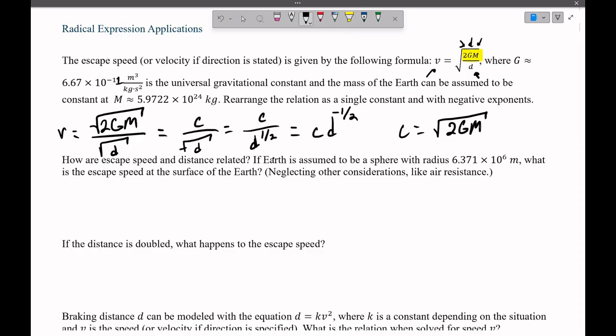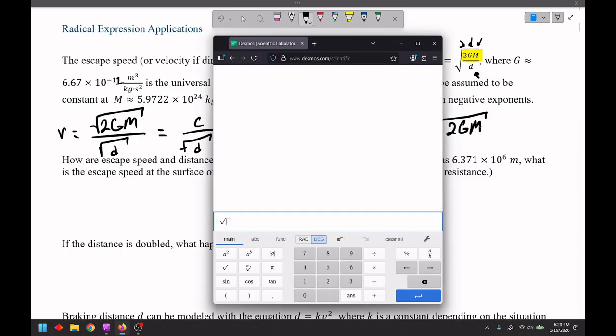And we can actually calculate this value by plugging into a calculator. We have the square root of 2 times G, which is 6.67 times 10 to the negative 11, and M is 5.9722 times 10 to the 24.